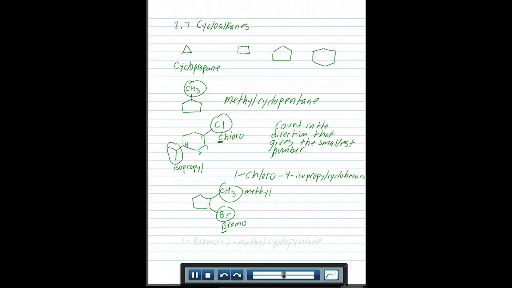Bromine alphabetically beats methyl, so this is position 1, and you go in the direction that gets to the lowest numbers, so that means this would be carbon 2. So the name of it is 1-bromo-2-methylcyclopentane. Okay?